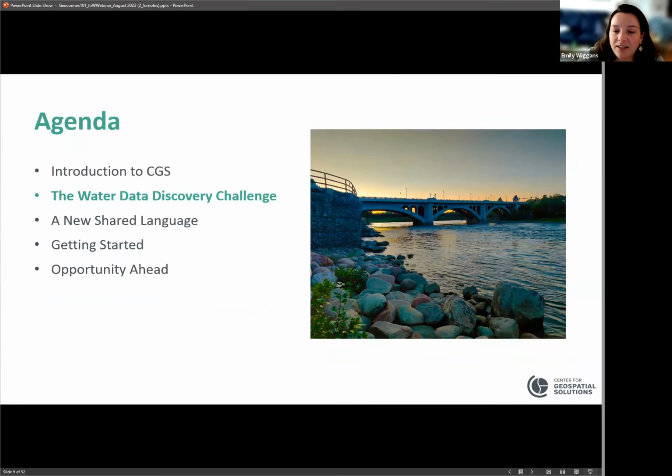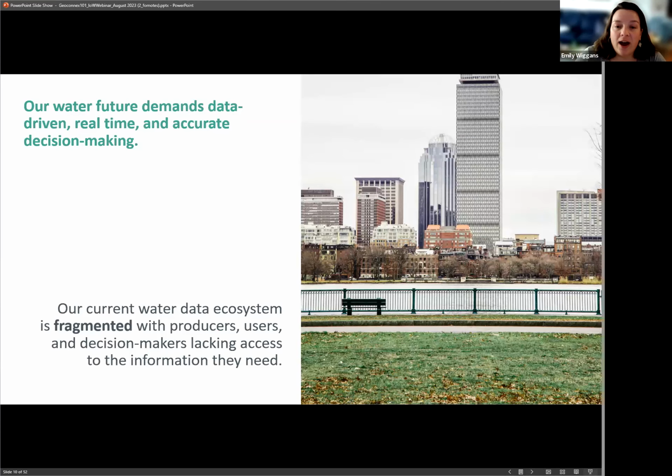So now we're going to get into the real meat of the presentation here with the actual challenges and why we need a Geoconnex. As many of you certainly must know by your interest today, our water future demands data-driven, real-time, and accurate decision-making.